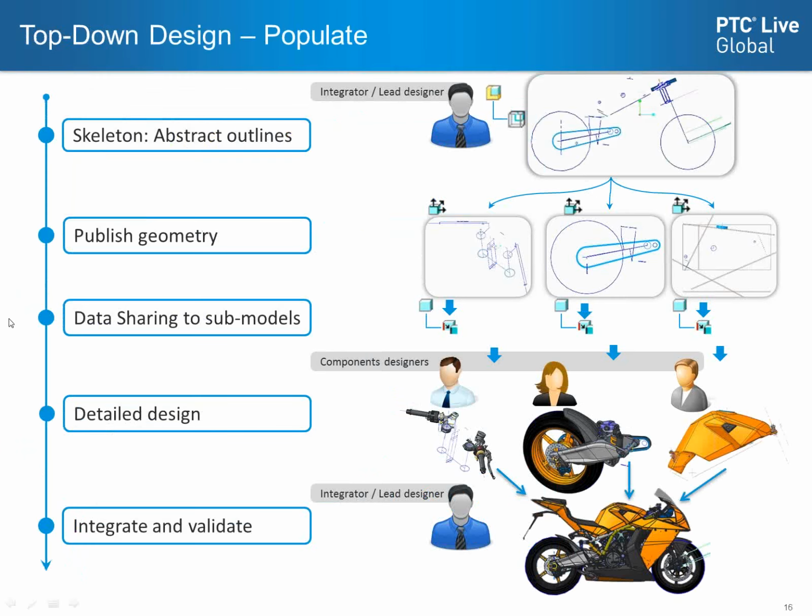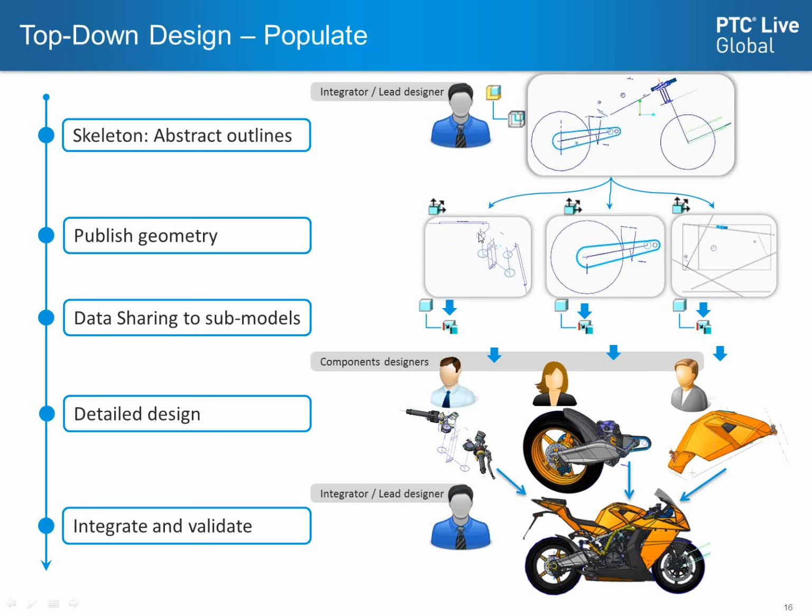The real strength is when working with multiple designers. So if I am the integrator that is designing this motorcycle, for example, or this bike, I can define those outlines very, very quickly and establish those common outlines, those common geometries to the different people in the team. Each one of them can get the information that is relevant for his design task.